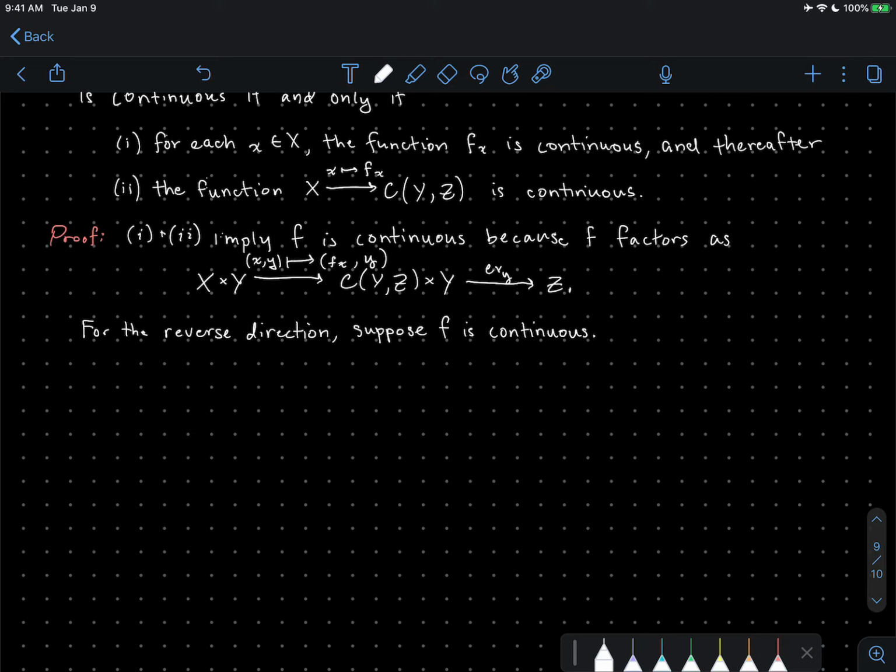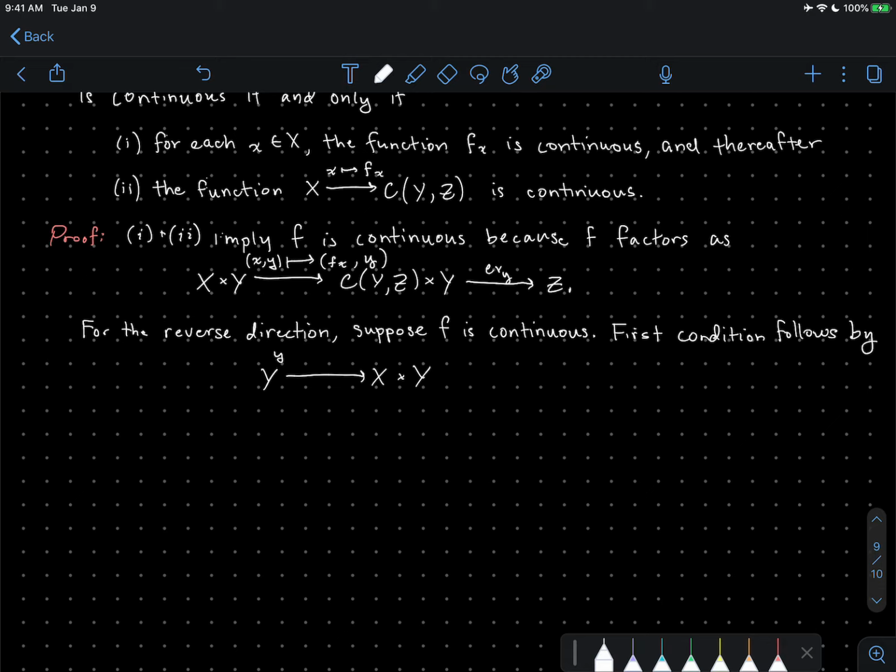So the first condition follows by factorizing f sub x as the composite of Y mapping via the constant map at little x.